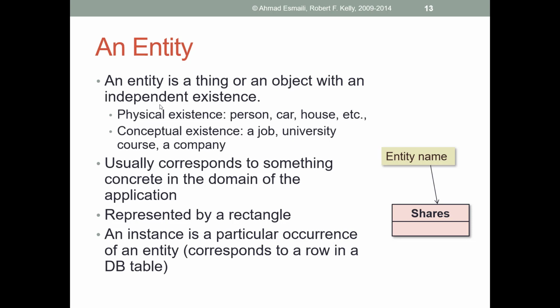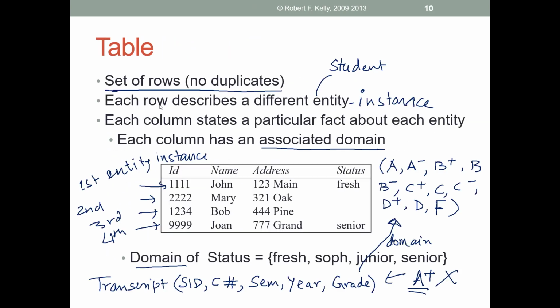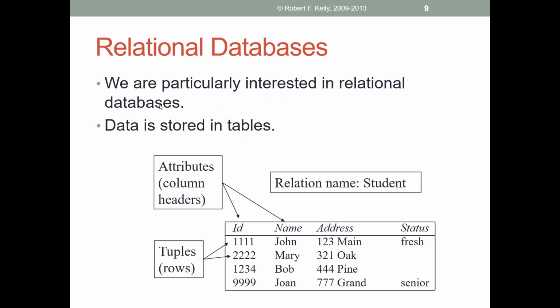So I often ask my students to list some entities and attributes. Sometimes I have seen students coming up with the entity as name. Name cannot be an entity, right?